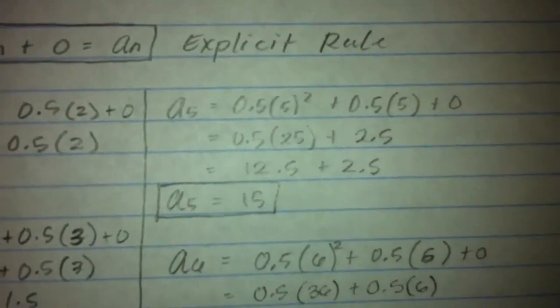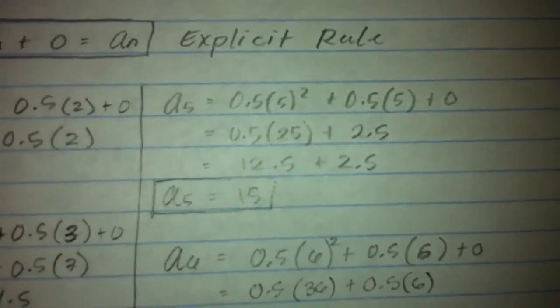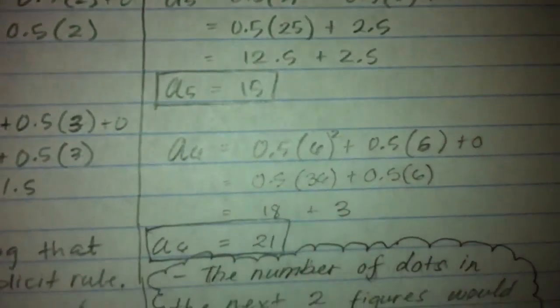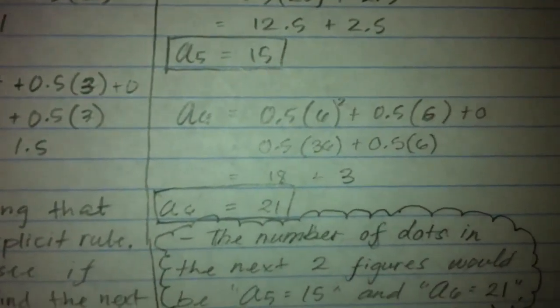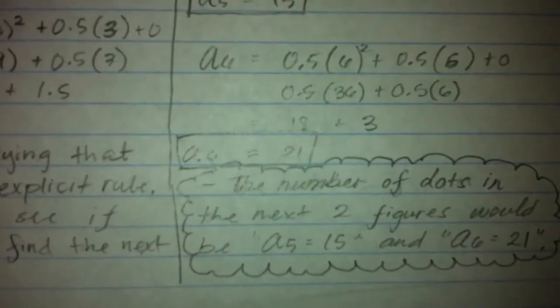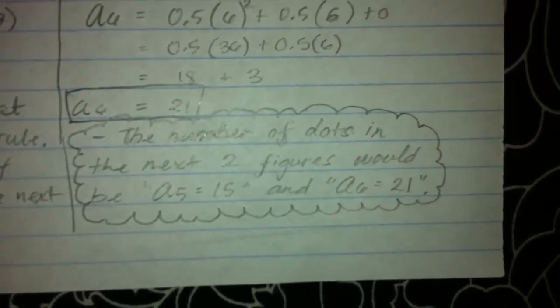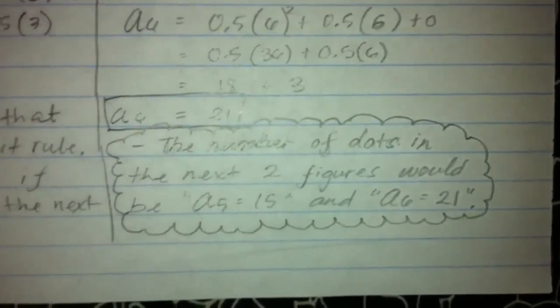So we have a5 equals 0.5 times 5, and then after doing all that, we'll have a5 equals 15, and then by plugging in the a6, we will get a6 equals 21. So the number of dots in the next two figures would be 15 and 21 for a5 and a6. And that concludes the video problem for number 41.